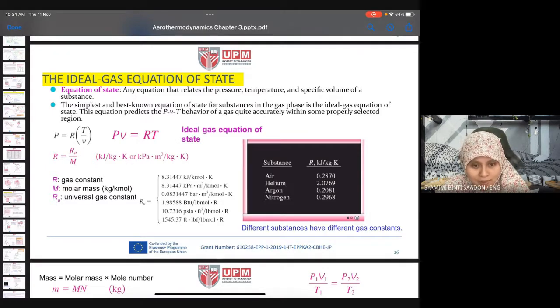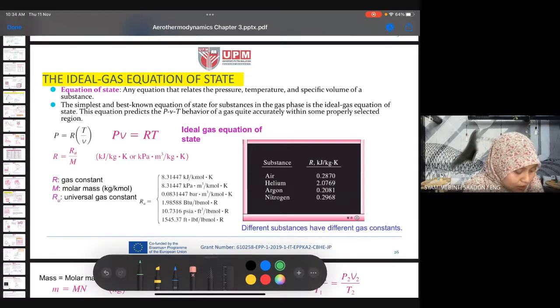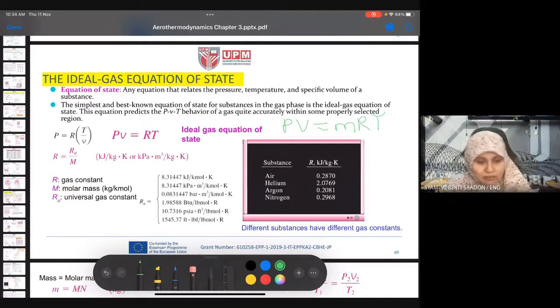Or if V is the big V, the volume in meter cubed, we must include the mass in kilogram. So the equation of state becomes PV equals mRT.